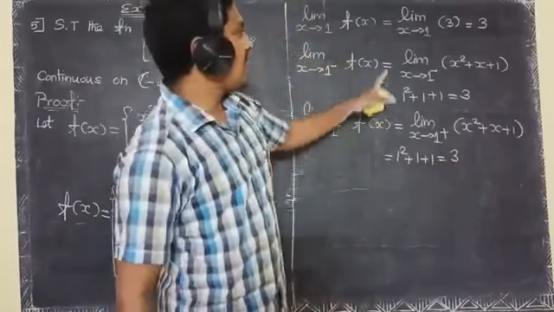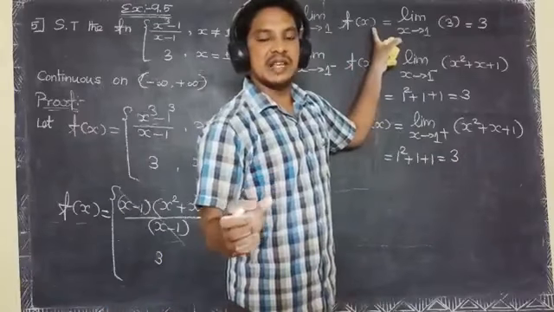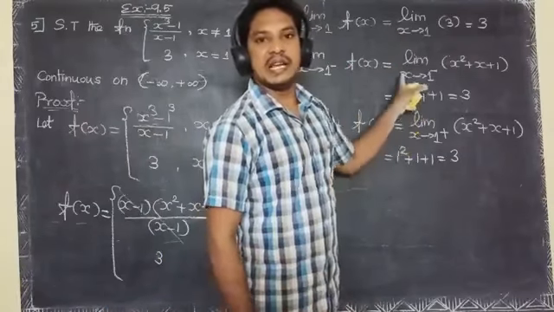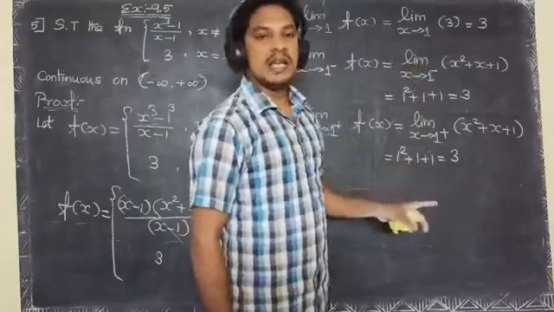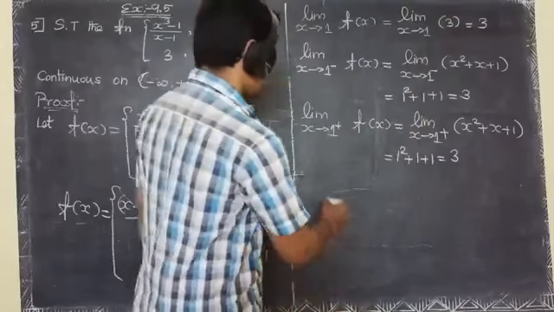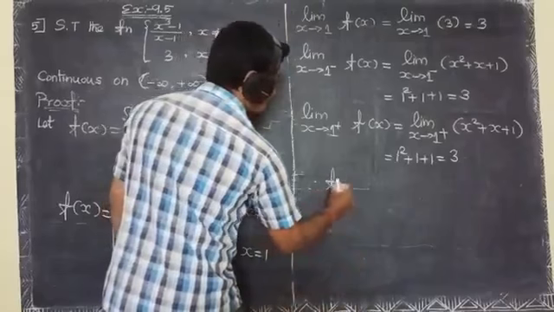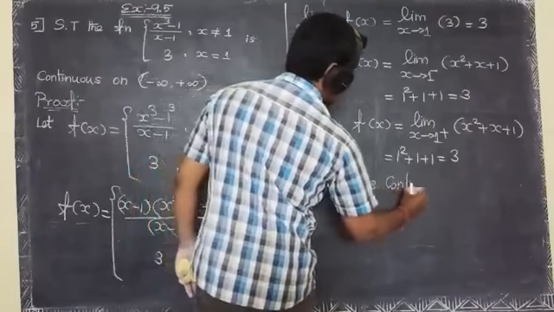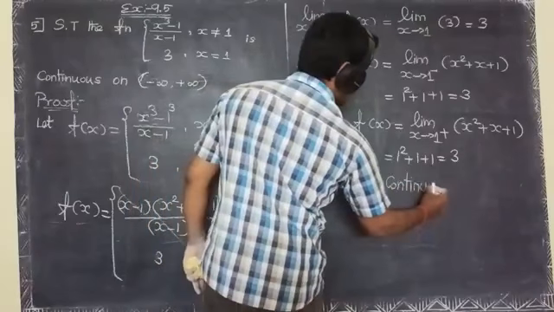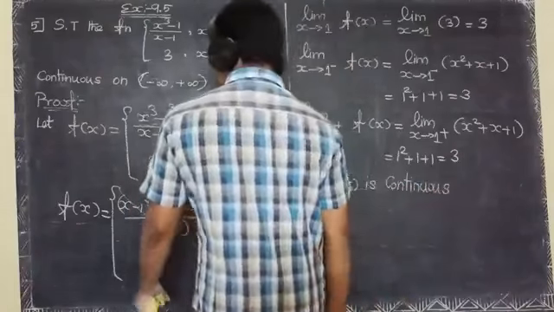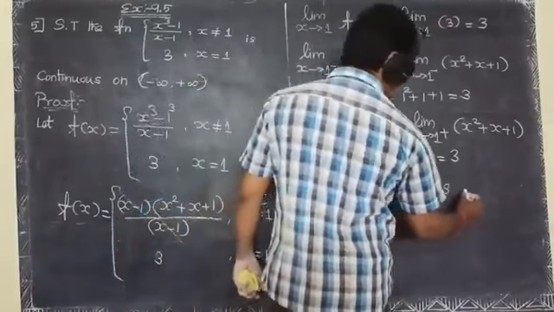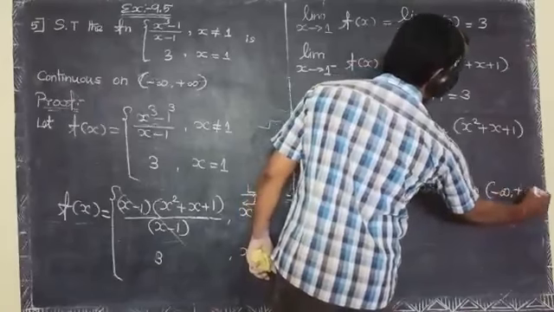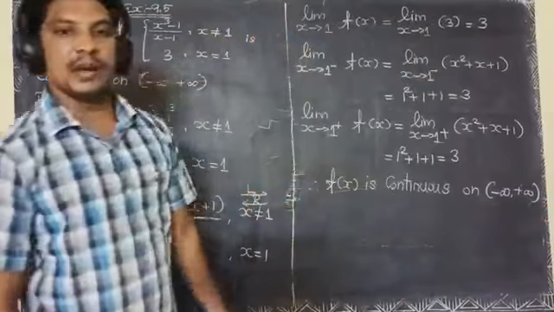Here the limit of f of x exists, the left-end and right-end limits are equal, a unique real number. Therefore, f of x is continuous on minus infinity to plus infinity.